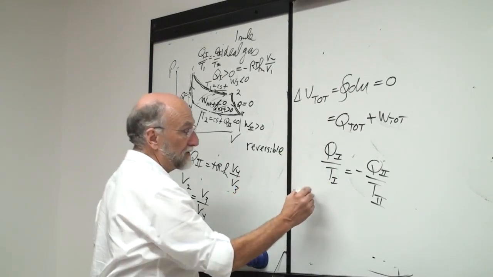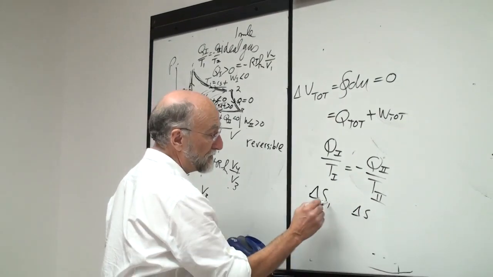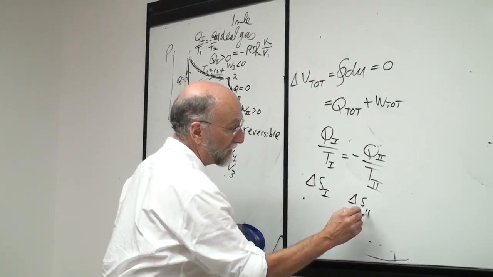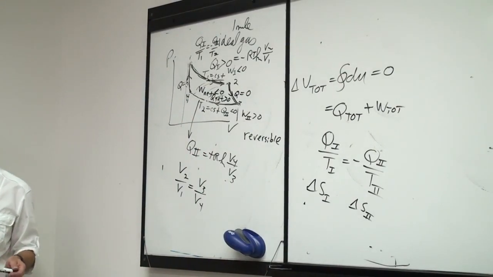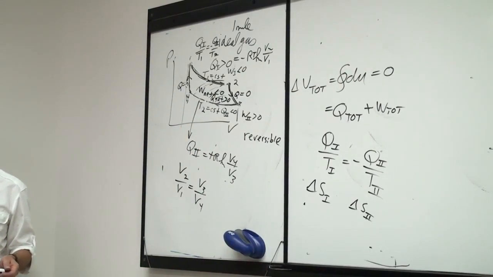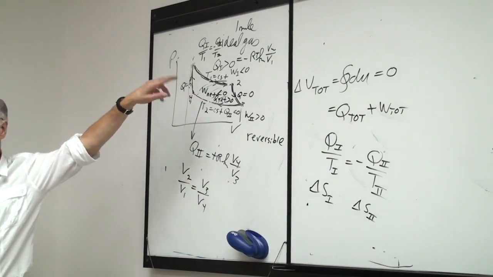This is delta S1, and this is delta S2, by our definition of Q reversible over T. So delta S total is 0 for this reversible heat engine.